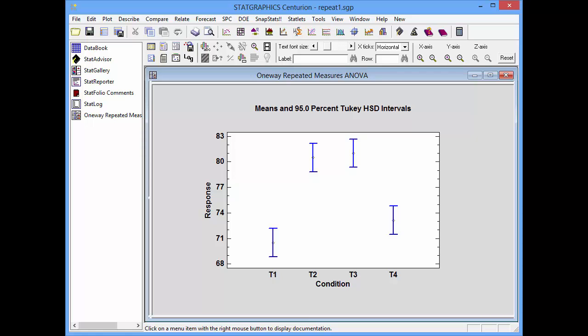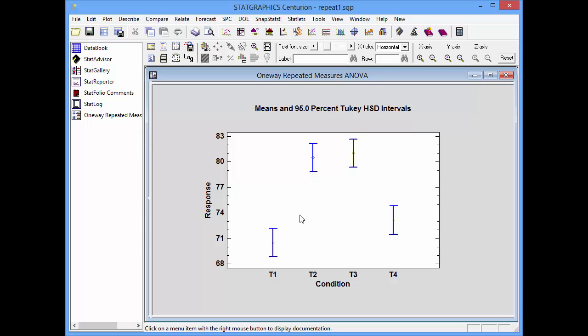Any intervals that overlap indicate that the means at those two time periods were not significantly different. Any intervals that do not overlap indicate a significant difference between those two means. In this case, you can see that the mean of time period 1 does not overlap time period 2 or time period 3.